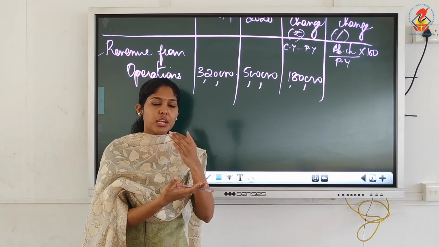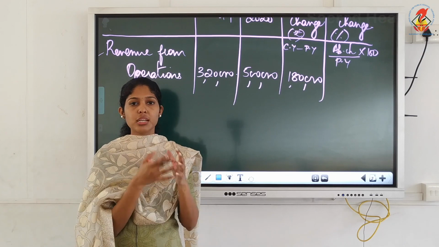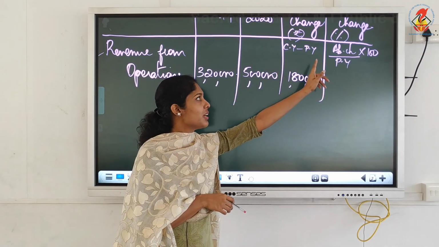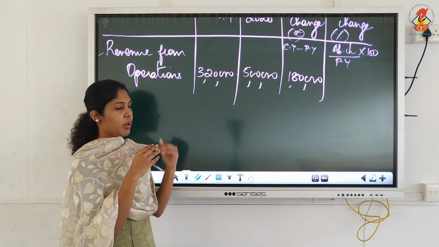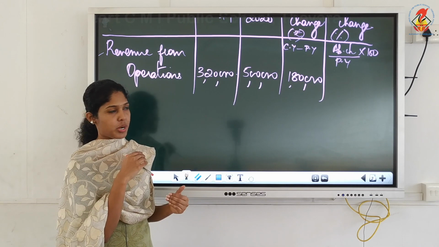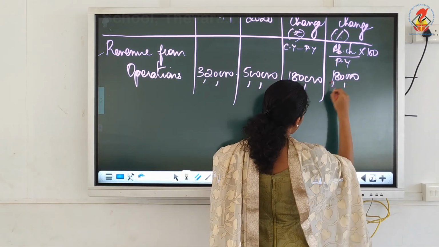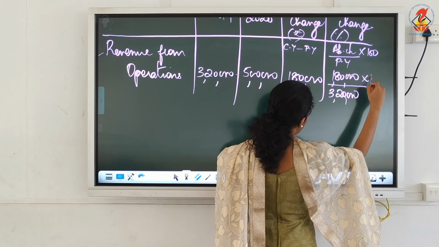That change divided by initial value or the base value into 100. That is just mathematics, okay? It is not accountancy. So this is how you have to convert into percentage. Absolute change by previous year's value into 100. So here the absolute change is 1,80,000 by previous year's 3,20,000 into 100.